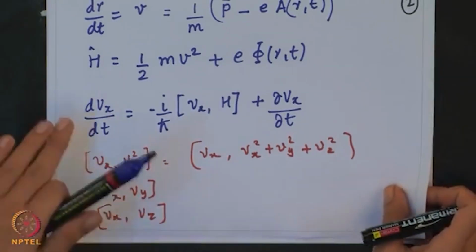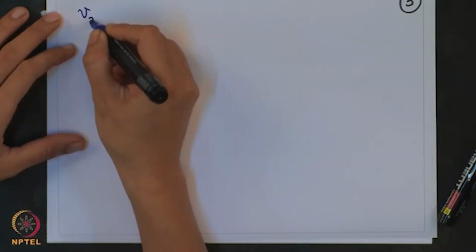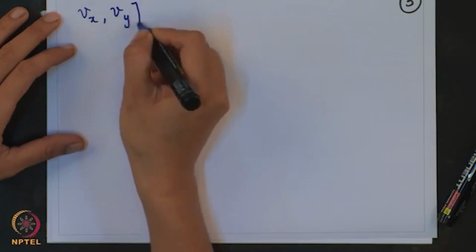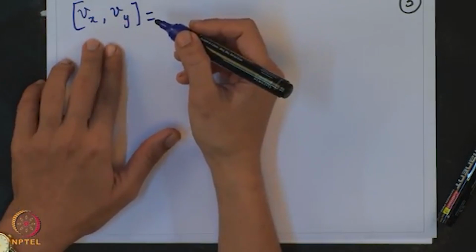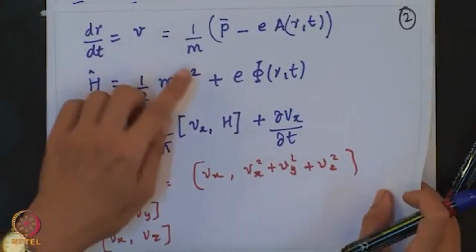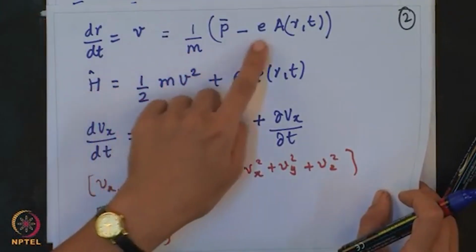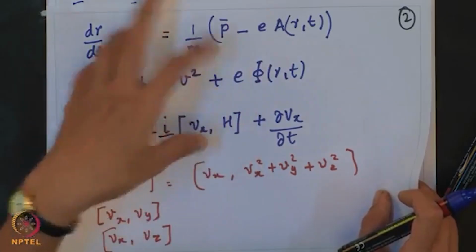So, doing back engineering, that is going from the bottom to the top to get the result, let us evaluate what is [V_x, V_y]. Okay. So, for V_x, V_y you will substitute for V, that is 1 by m (P_x minus e A_x), similarly for V_y. So, you will have 4 terms.